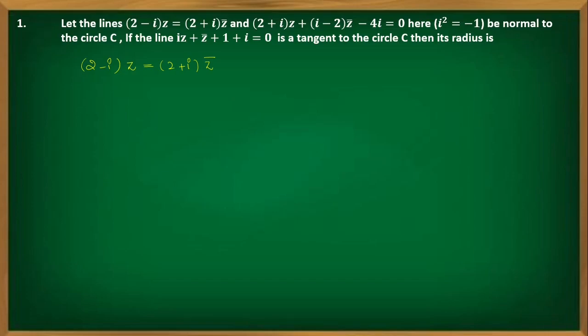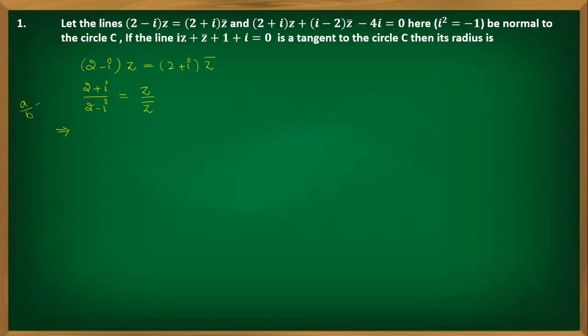So we write first (2 plus i) by (2 minus i). Taking this 2 minus i and dividing by 2 minus i on both sides, you get this, which is equal to z by z bar. Now just apply componendo dividendo. You know, componendo dividendo is what?